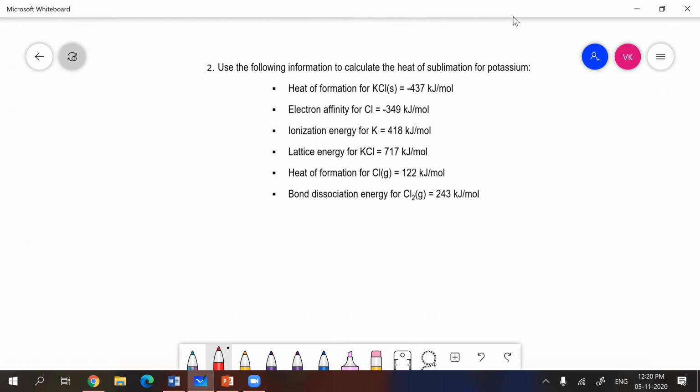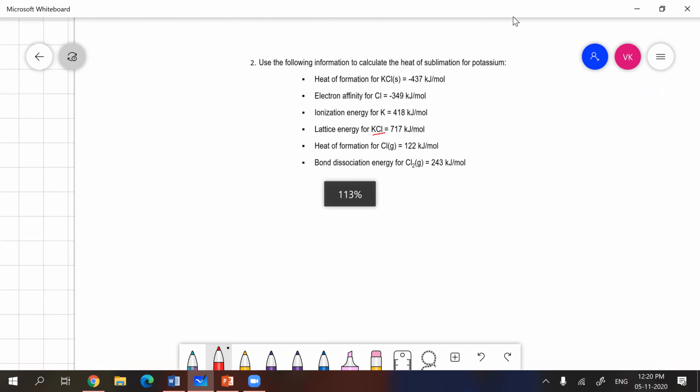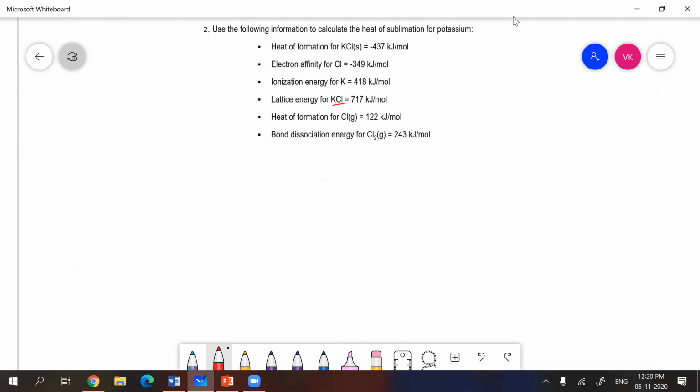Now let's see what this equation is. Calculate the heat of sublimation of potassium. What are they giving? Potassium chloride. Okay, let's write the Born-Haber cycle for this. In elemental form, potassium in solid state and half chlorine gas react and form 1 mole of potassium chloride, which is a solid, and the heat released in this process is called the heat of formation of potassium chloride.